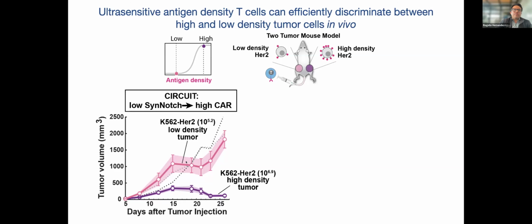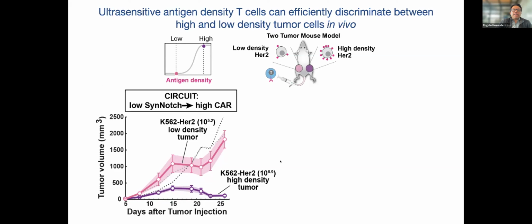But in the context of the high and low HER2 density tumors, the high HER2 one was growing, but then around day 15, that stops growing and now it shrinks. In contrast, the other tumor that expresses low levels of the antigen continues growing.